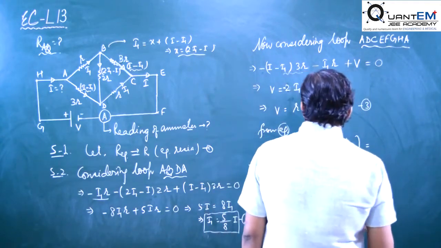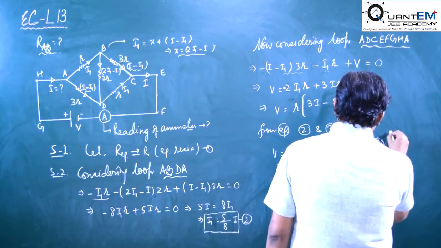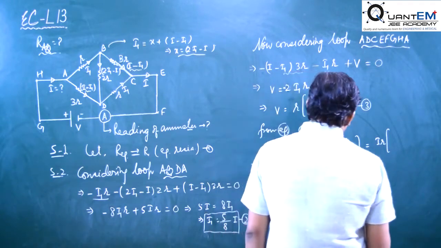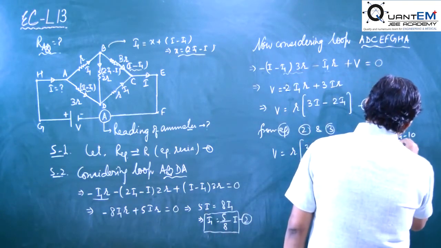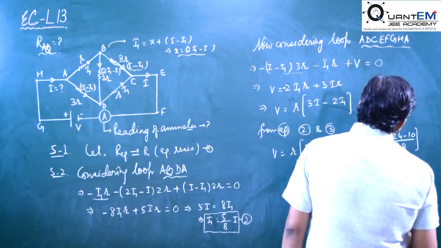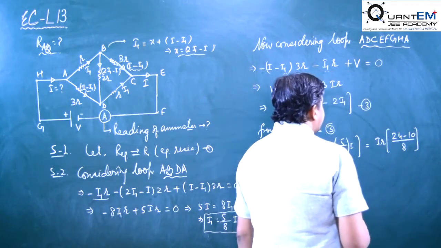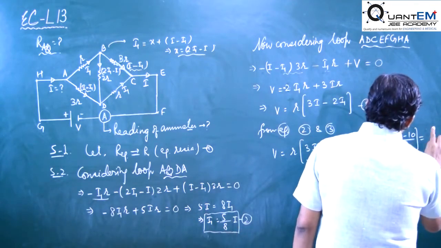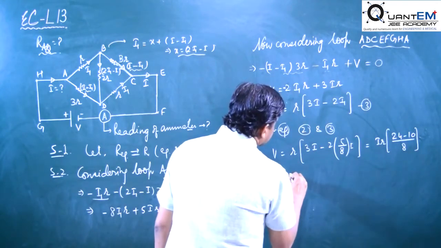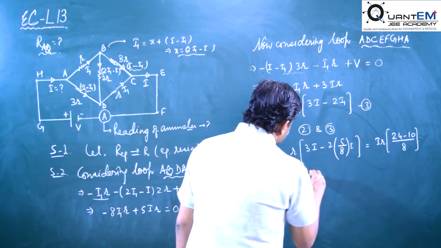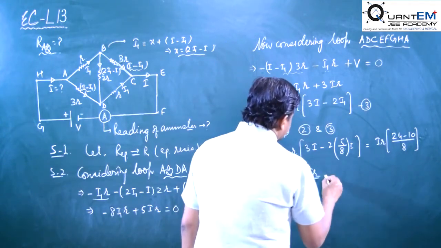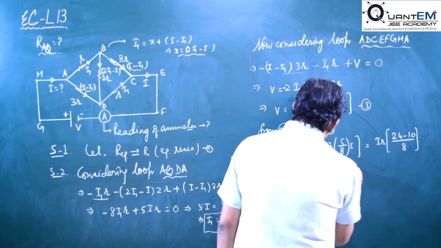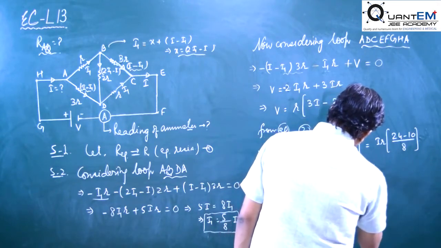Simplify it, what we get, IR is taken out, and it is 24 minus 10 divided by 8, that is 14 by 8, IR by 8, that is 7 IR by 4. Okay, this one is, suppose, equation 4.